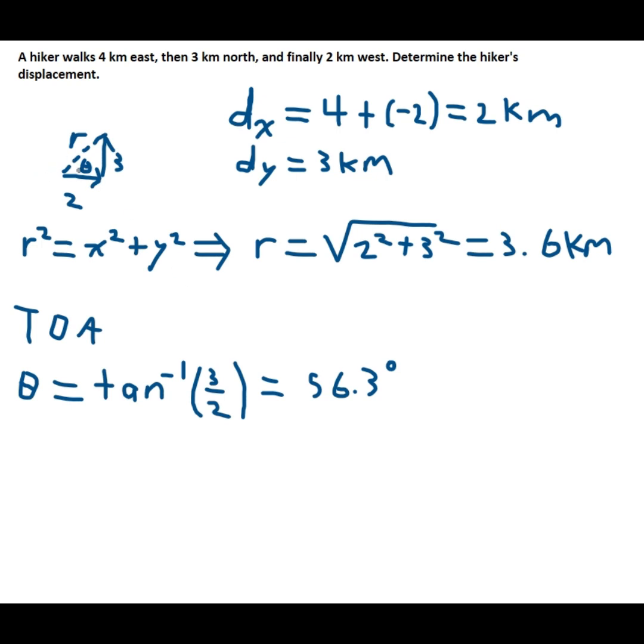And we can see from the diagram that this is in the north of east direction. So the final answer, if we write it all out, is 3.6 kilometers at 56.3 degrees north of east.